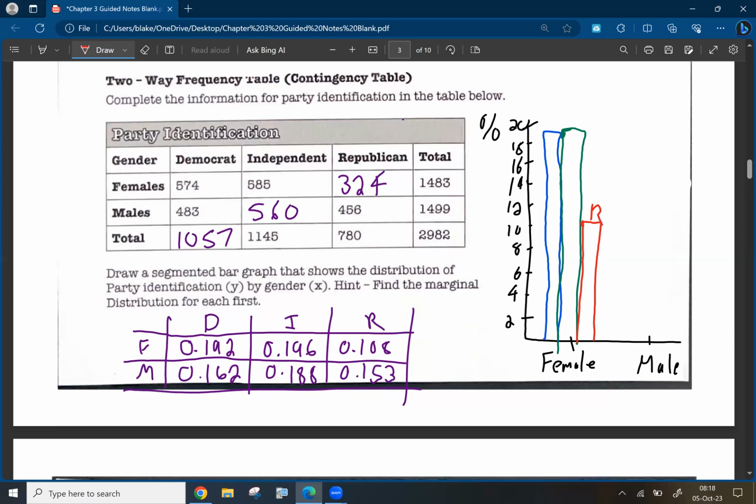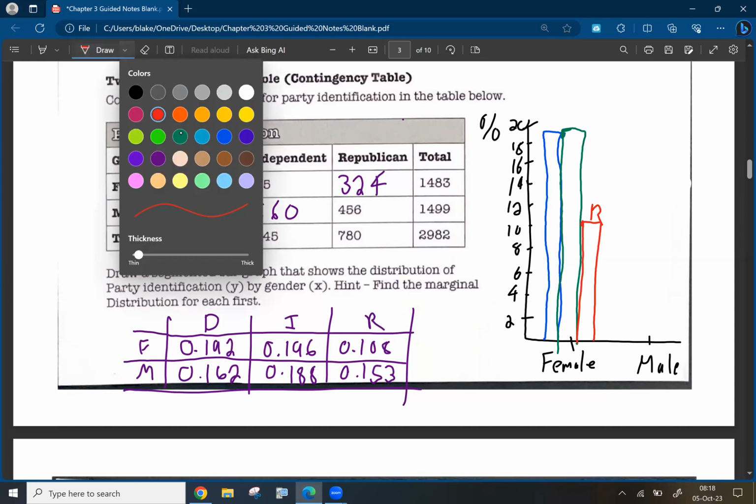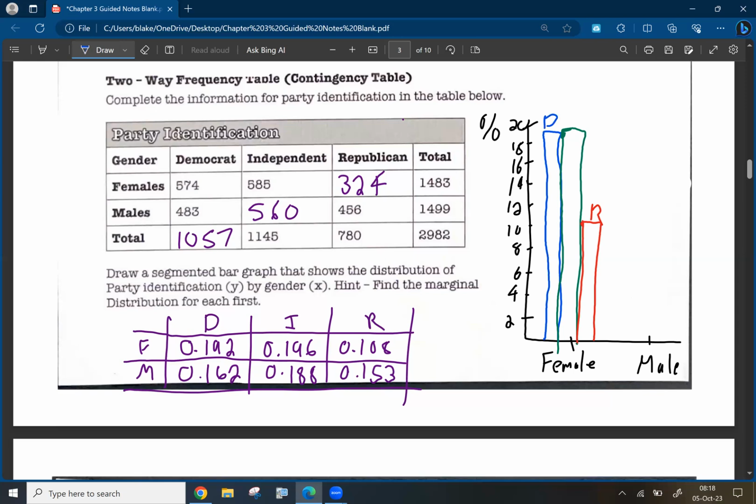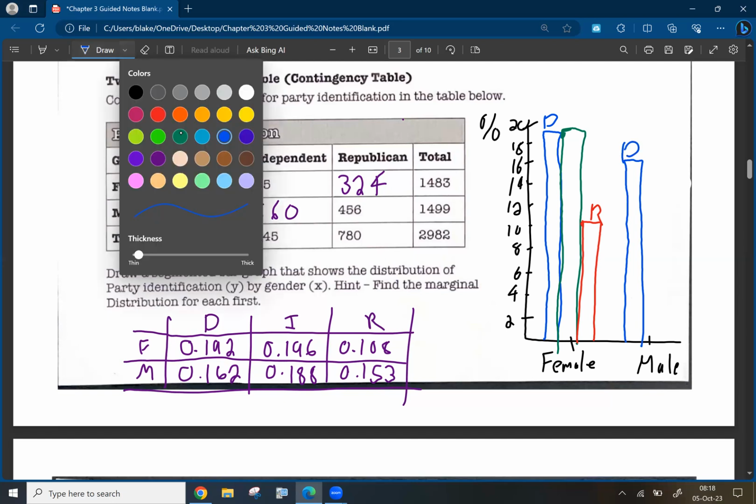All right, so let's do it for male as well. For male Democrat, we had 16.2, so going up roughly about here. Again, it'd be nice if we had a nice grid to work with. We don't, it's okay.